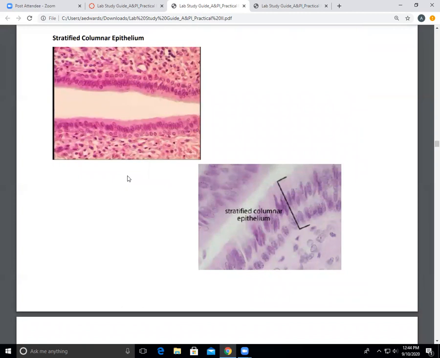Okay, stratified columnar epithelium. Another view, multiple layers, but the cells at the apical surface that are exposed are rectangular.